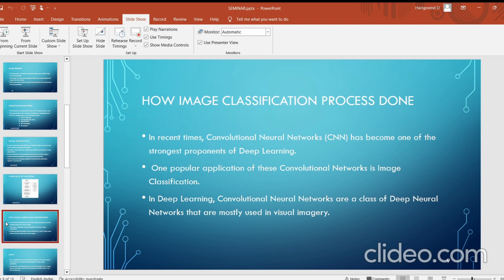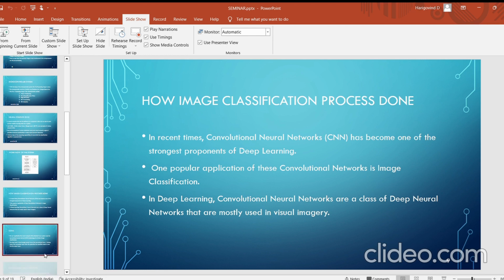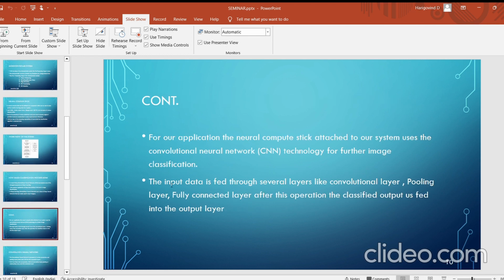For our process, real-time image classification, the ideal algorithm will be the CNN. For our application, the neural compute stick is attached to a system and uses convolution neural network technology for the image classification.